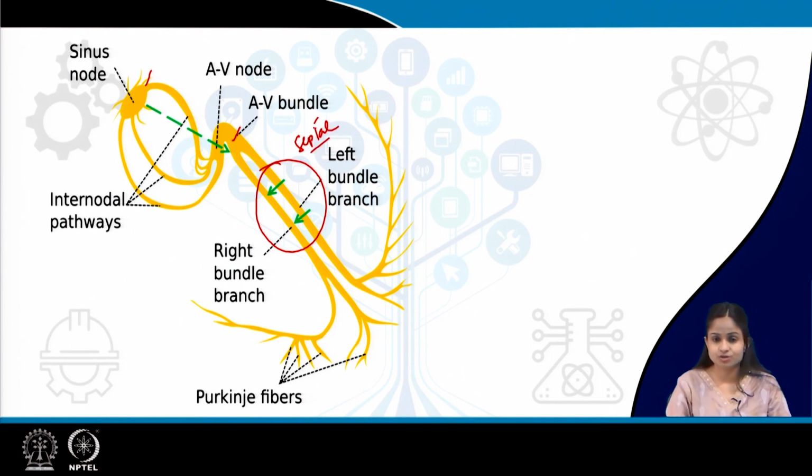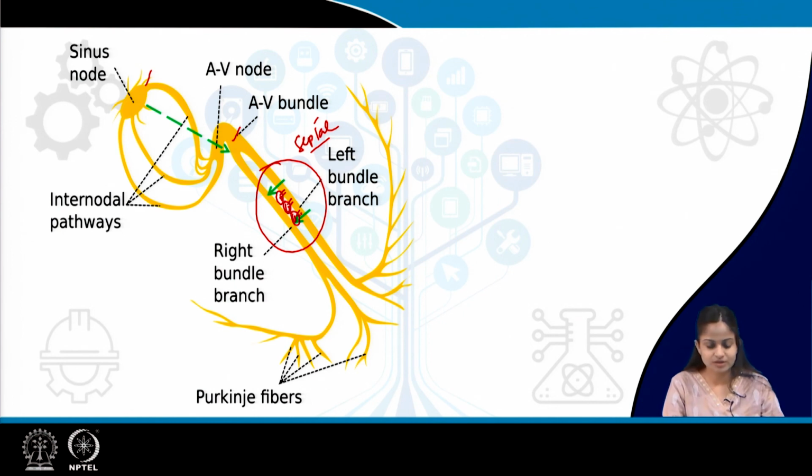Now, the septal depolarization is from left to right, because it has been said in some books that the left bundle branch has some connections with the septum, and so the depolarization takes place from left to right.